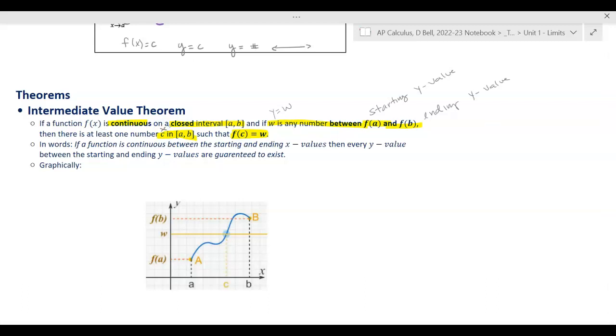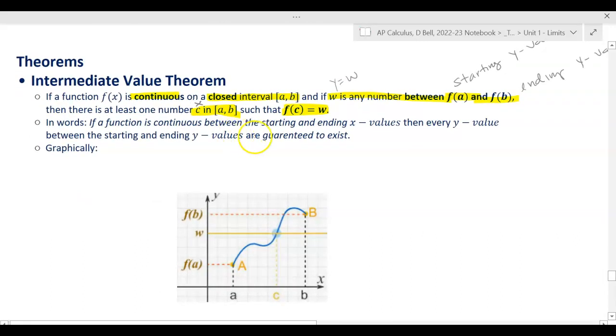So in words, if a function is continuous between the starting and ending x values, then every y value between the starting and ending y values is guaranteed to exist.